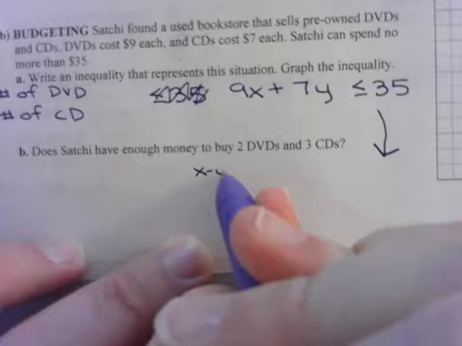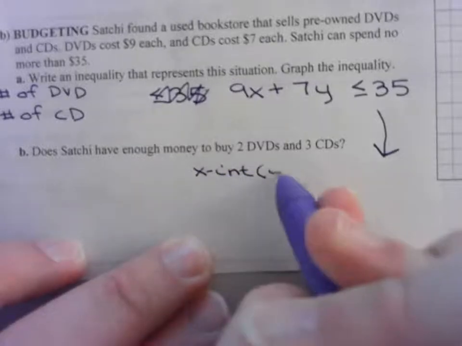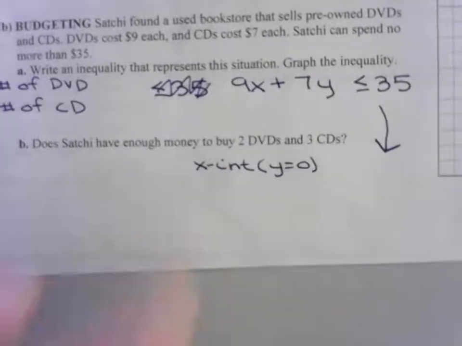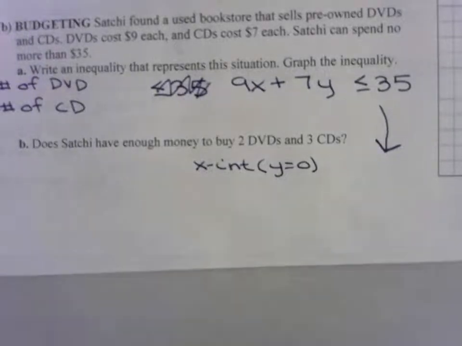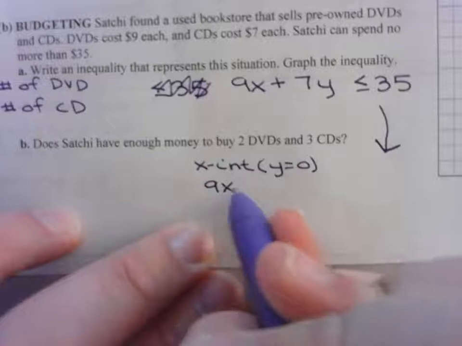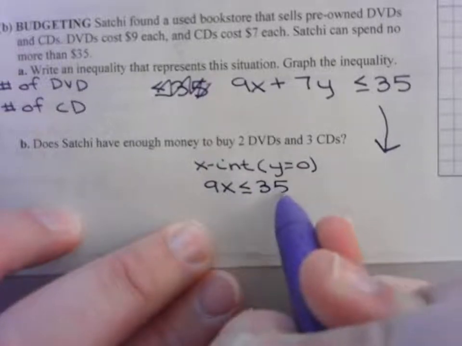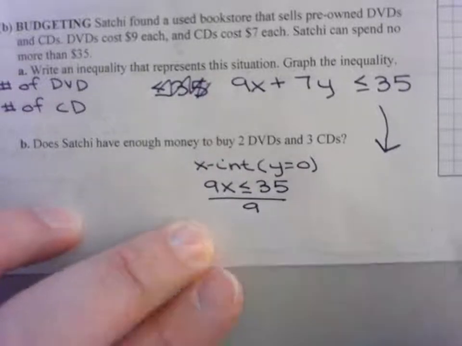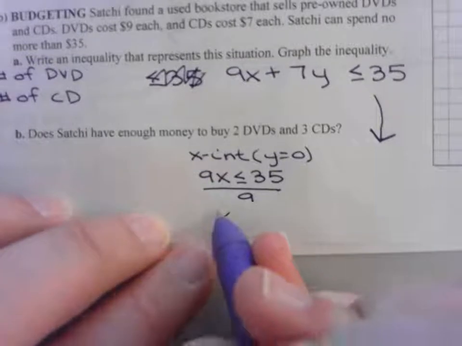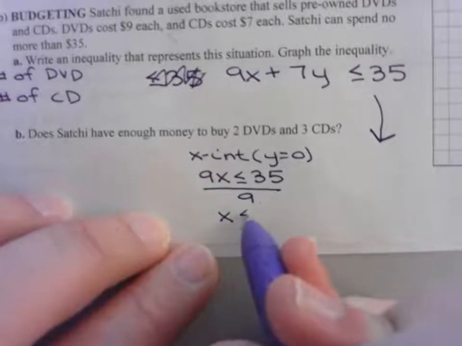If I want my x-intercept, what do I plug in for y? 0. I know this is not your preferred method, but it's good to practice this. So I plug 0 where y is. 9x is less than or equal to 35. Divide by 9. X is less than or equal to what?